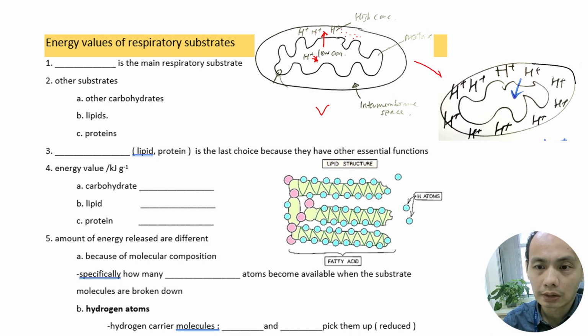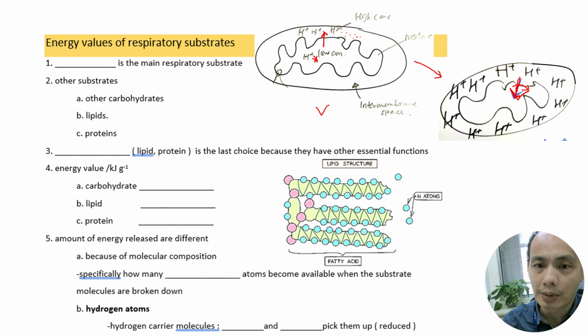Then at the end, the hydrogen ion will diffuse back to the matrix from high concentration to low concentration, and at this process of diffusion, ATP is being produced, okay? So this is the final.